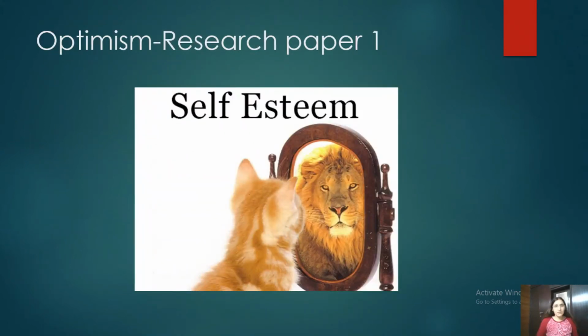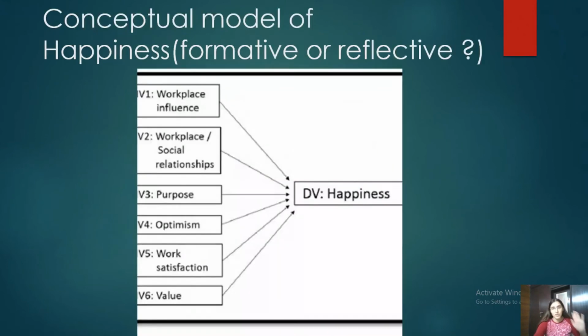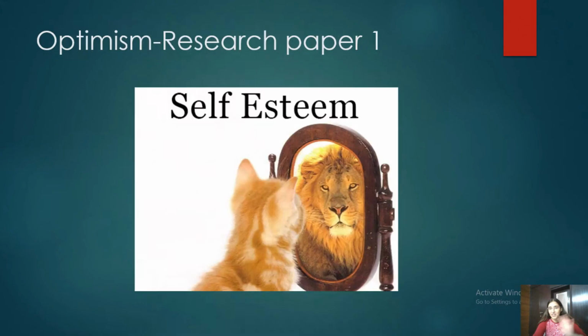So in the first research paper, I got that optimism is one of the factors which affects happiness. It's not necessary I get only one factor, I could get two factors. Okay, so I put it into these arrows. I quickly put it as, okay, my V4 is optimism and it affects happiness.